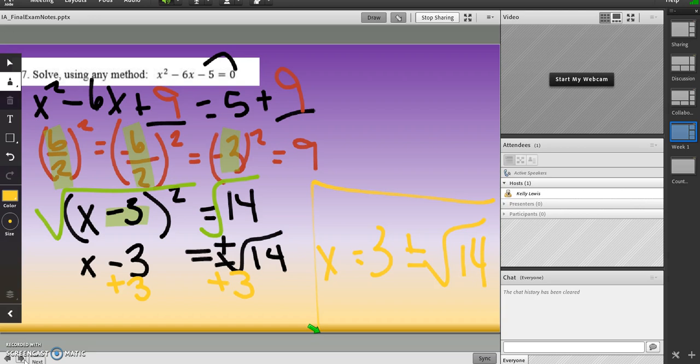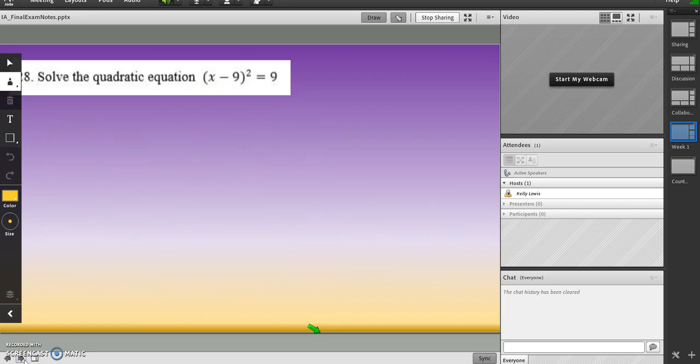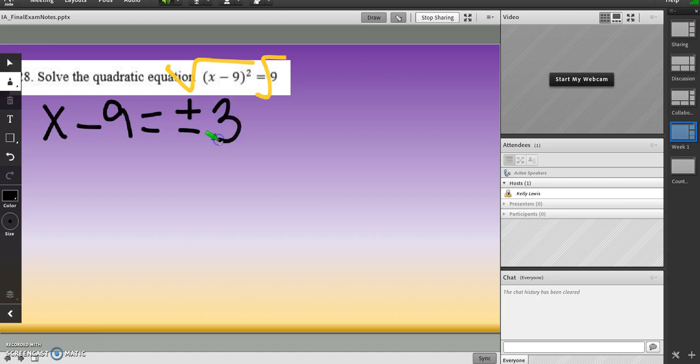All right, quadratic equation. So this has got a square on it. To get rid of a square, you take the square root. And so the square root of 9, when you take the square root, you do plus minus, is 3.